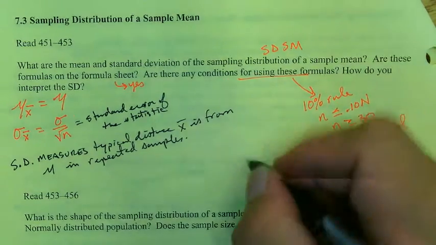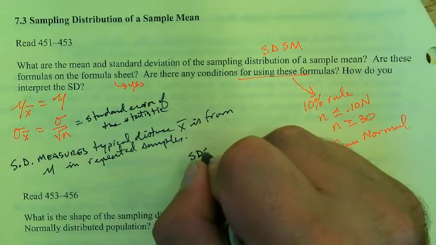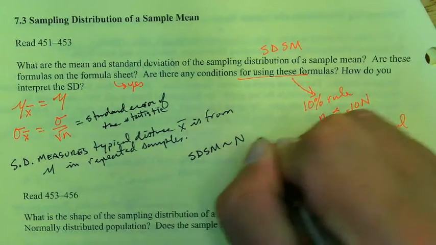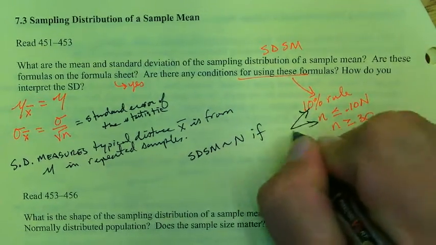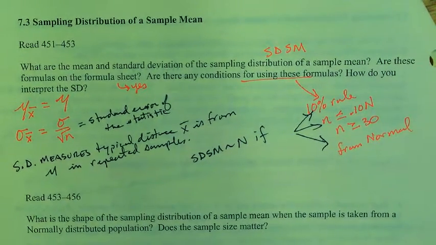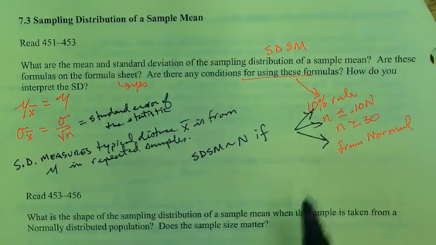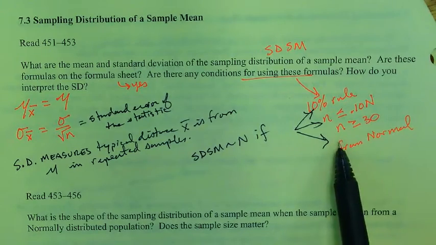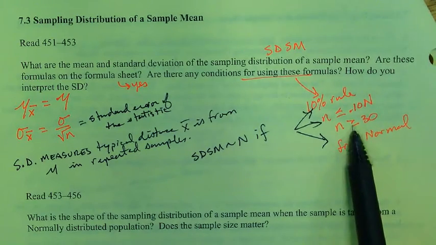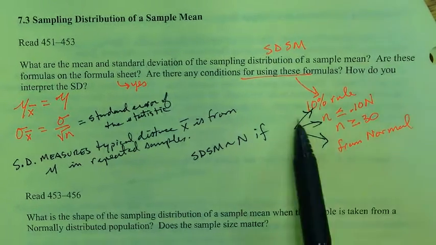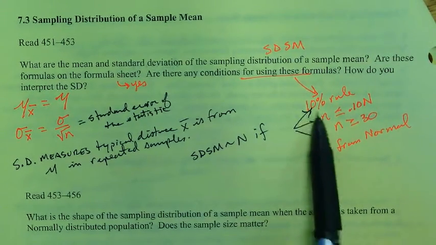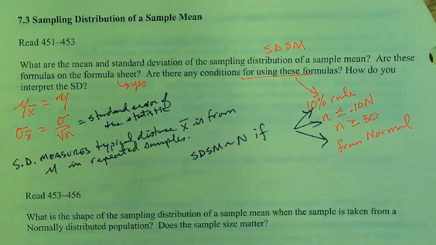Okay? The sample distribution of sample means is approximately normal if those conditions are met. Okay? So, as long as my sample size is large enough, greater than 30, or I come from a normal distribution, and that I have this 10% rule met. Okay? Very, very important. Okay?